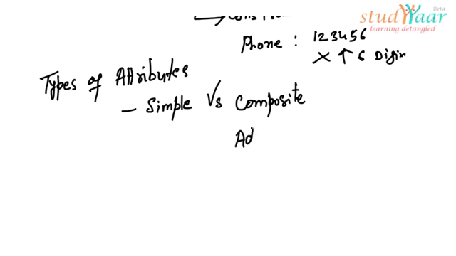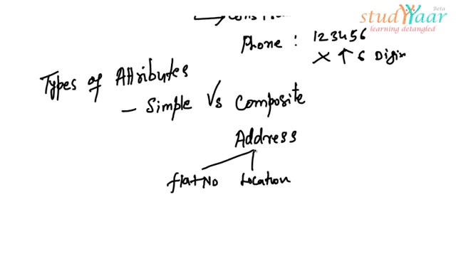Like we have an address. So the address can have a flat number, it can have a location, it can have a city, it can have a state, right?